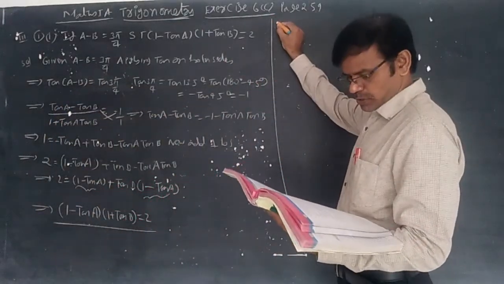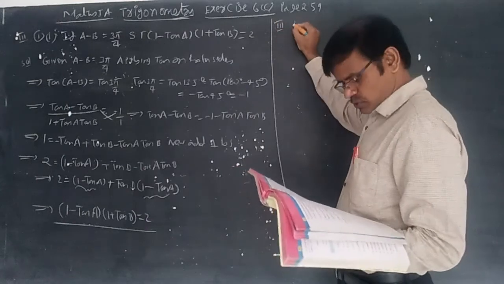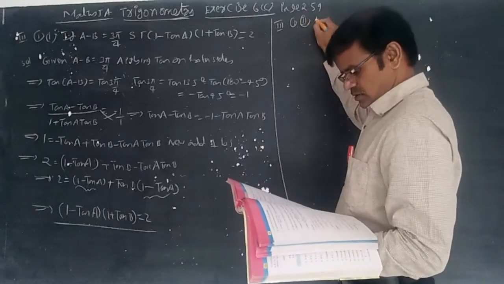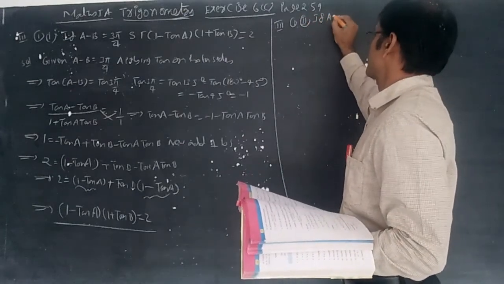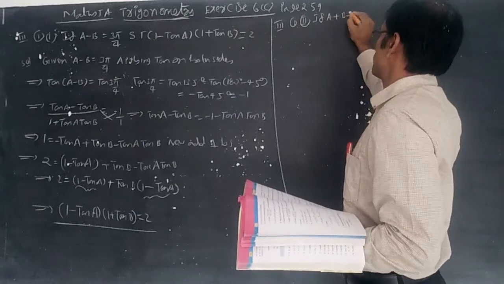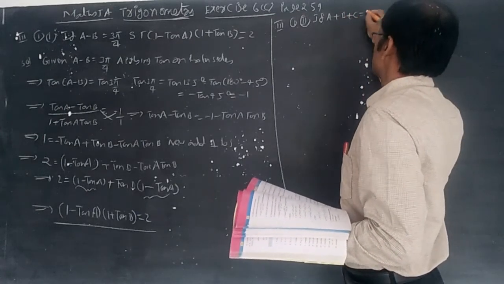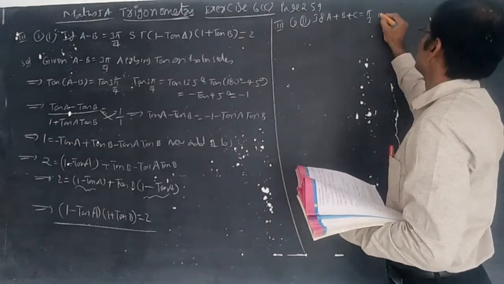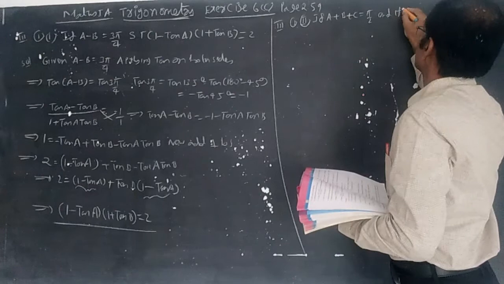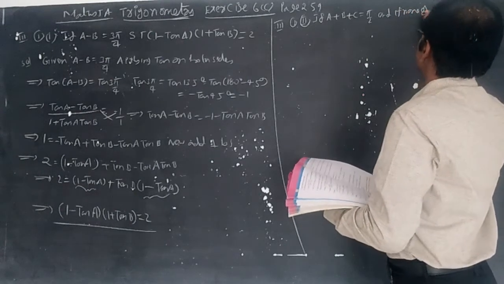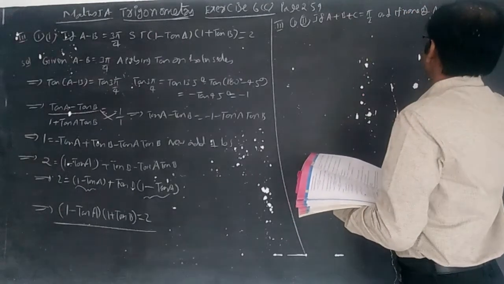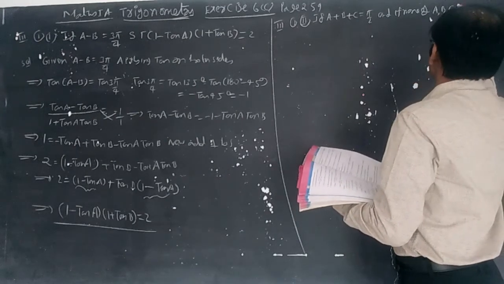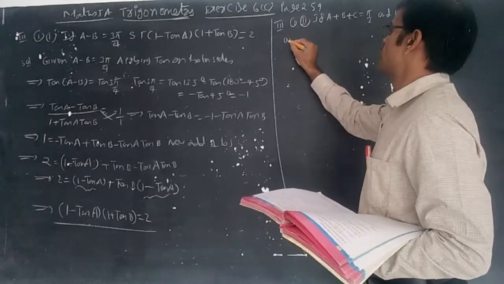Next, third Roman, in the first one only, second question. 3 questions are there. If a plus b plus c is equal to pi by 2, and none of a, b, c is an odd multiple of pi by 2.